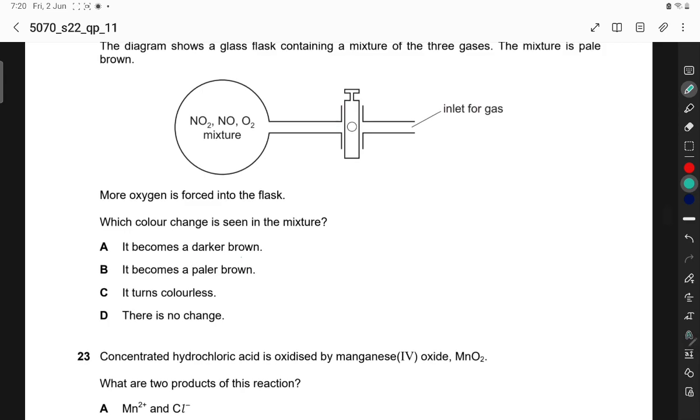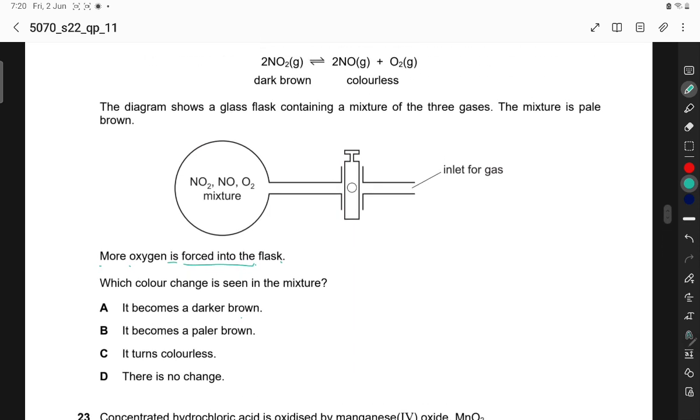It becomes darker brown because more oxygen is forced into the flask, so that's why the mixture turns brown. The mixture is pale brown.